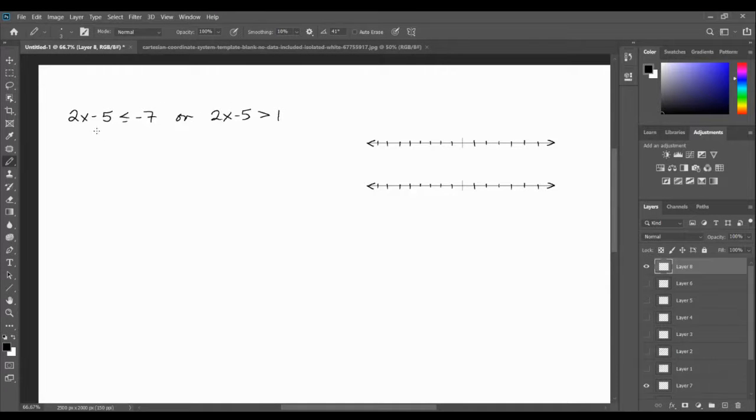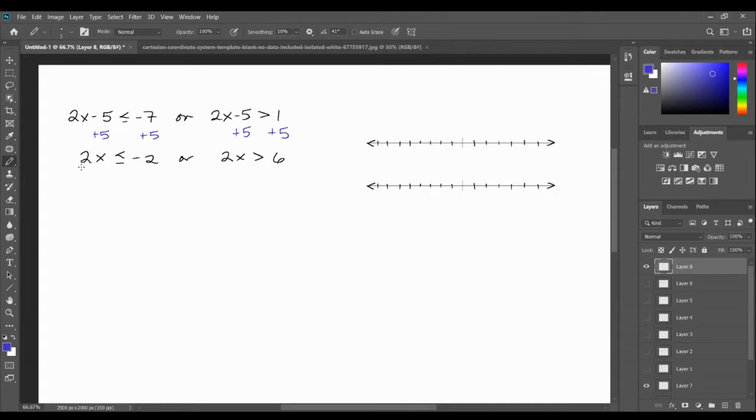I'm going to go ahead and solve both of them as if they were individuals. So now we've got 2x is less than or equal to -2, or 2x is greater than 6.